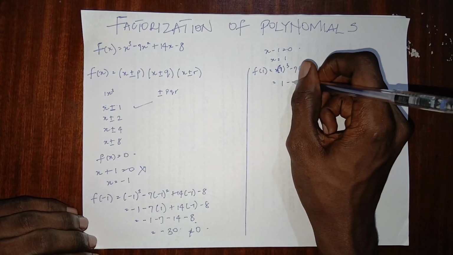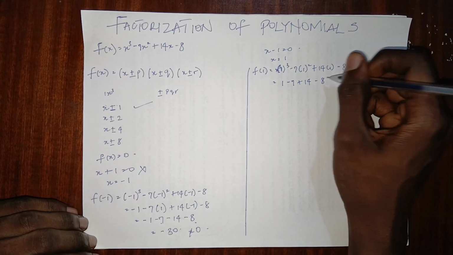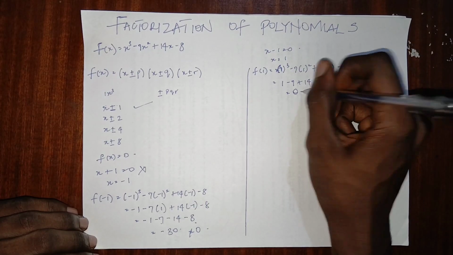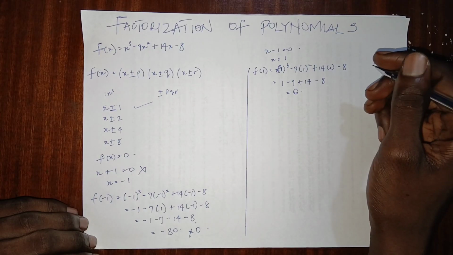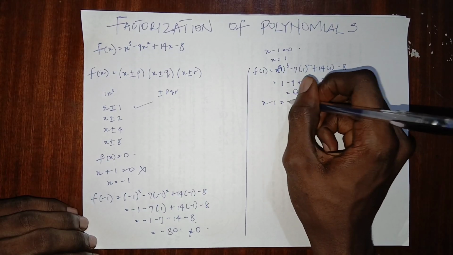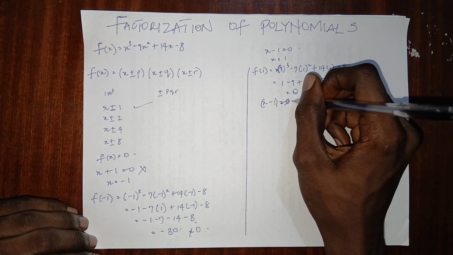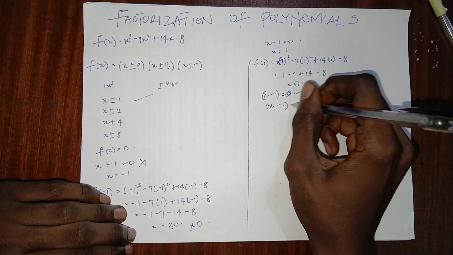So 1 minus 11, plus 14, minus 8. So this gives us 0. So you establish that x minus 1 is a factor.